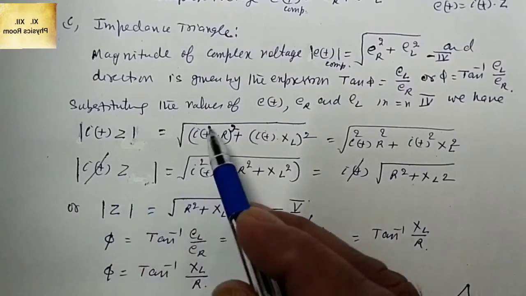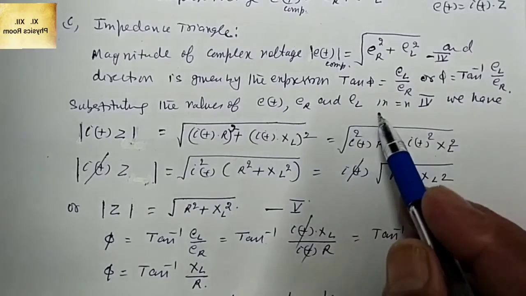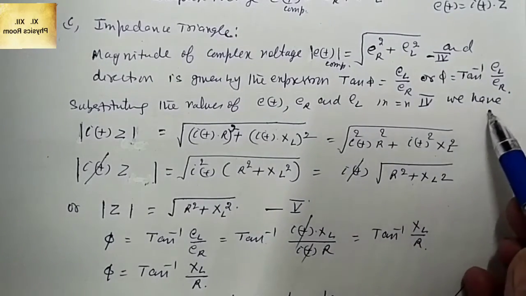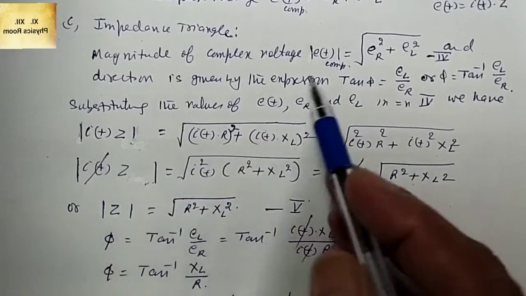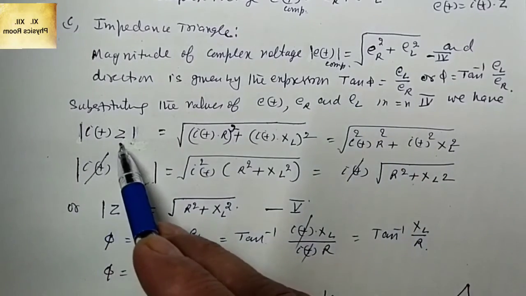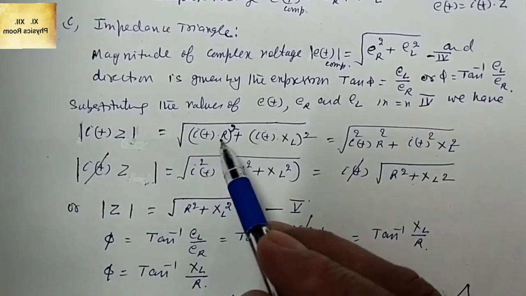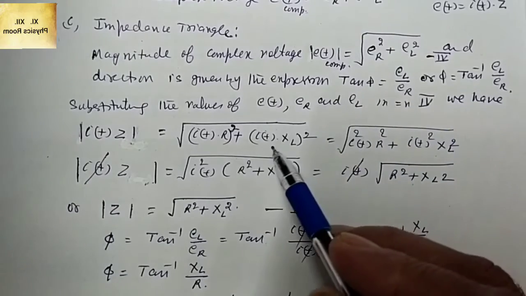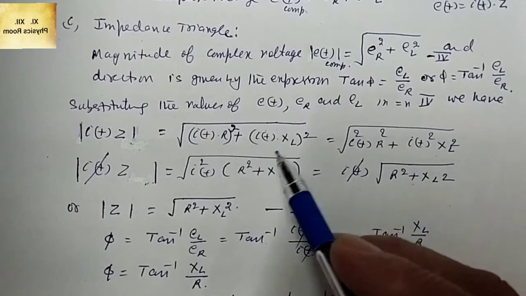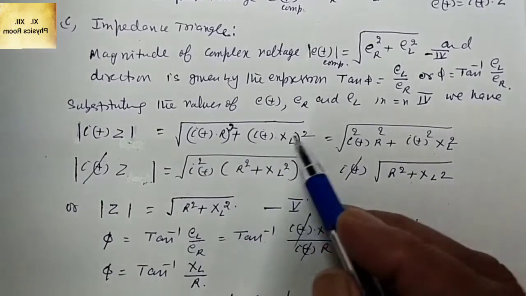Now substituting the values of E(t), E_R and E_L in equation 4, we have I(t) into Z in place of E(t), I(t) into R in place of E_R, and I(t) into X_L in place of E_L, with the square as it is.